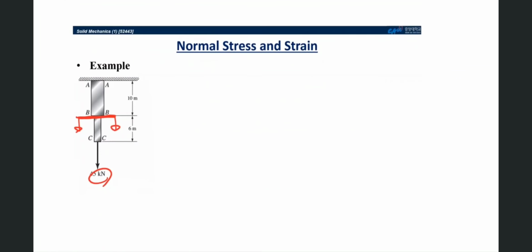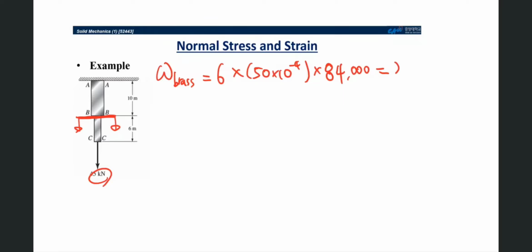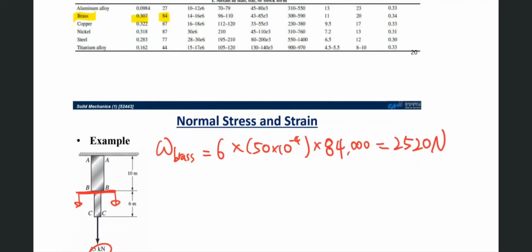Back to the original page, the weight of the brass is calculated as 6 times 50 times 10 to the minus 4 times 84,000, which is 2,520 Newton.